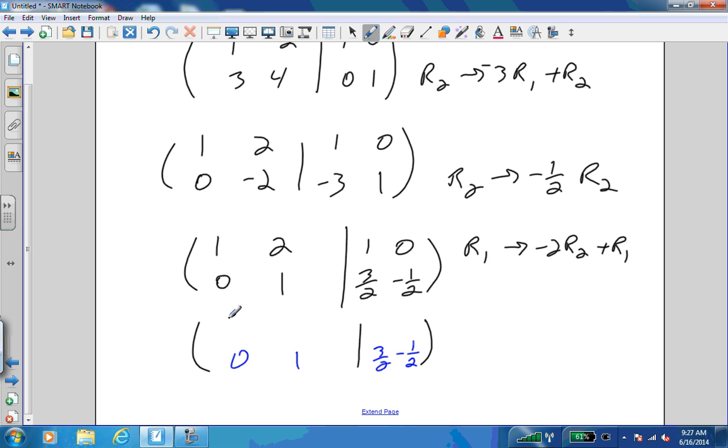But our first row, we're going to take negative twice the second one, so 0 plus 1. -2 times this, so -2 plus 2. -2 times this, so 3/2 times -2, it's -3 plus that. -2 times the second row, so -2 times -1/2, so that's 1 plus 0, so 1. So barring any arithmetic mistakes, this is our identity matrix.